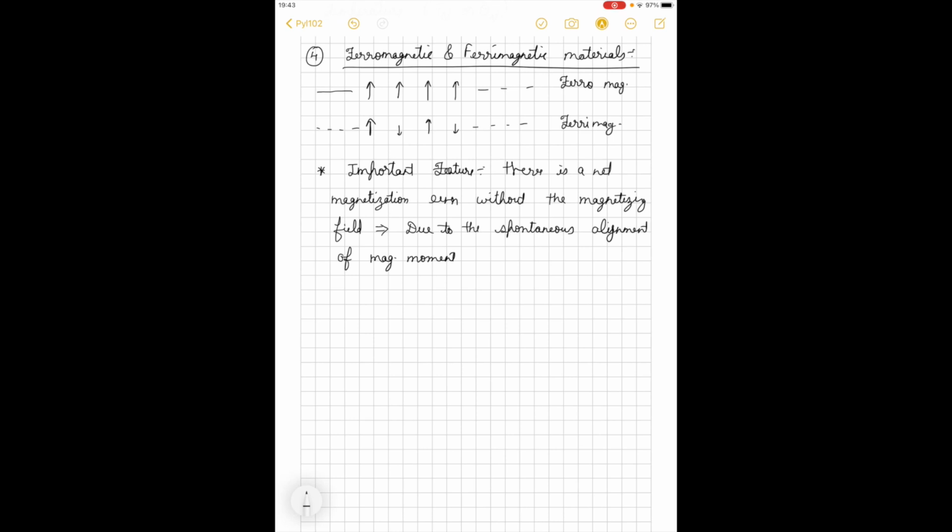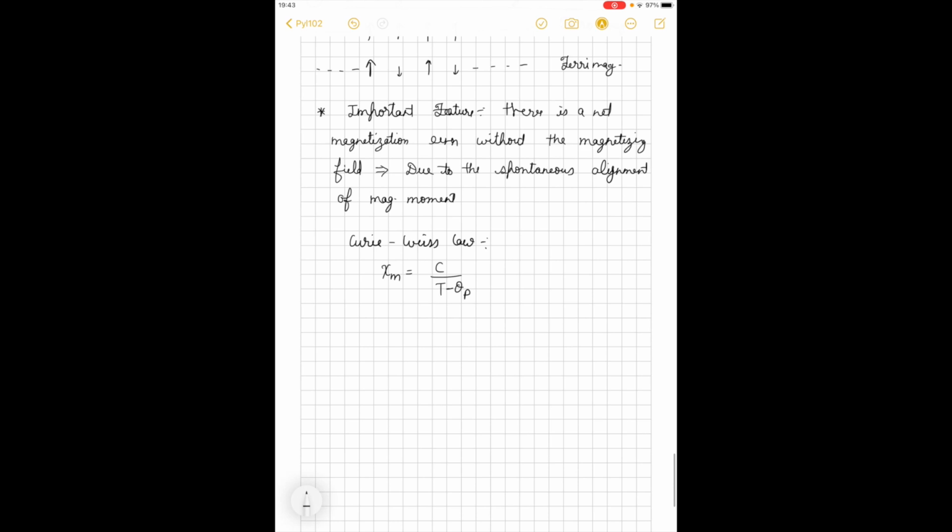Then the susceptibility is inversely proportional to the temperature, or I can just write down what the Curie-Weiss law tells us. It describes the variation of magnetic susceptibility, which will be chi m. So chi m is equal to C divided by T minus theta p. So that's the Curie-Weiss law, the variation of chi m with temperature.